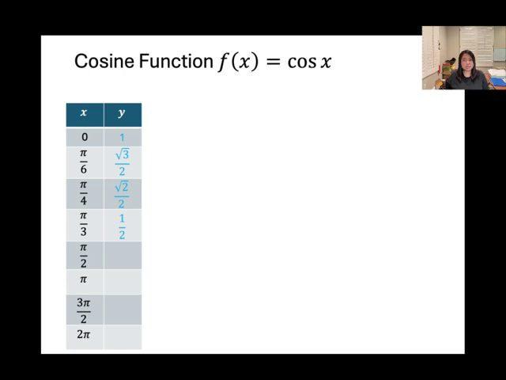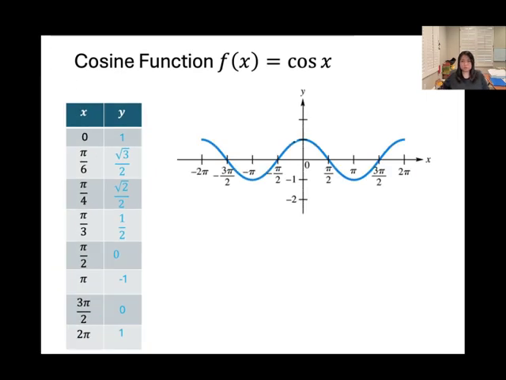Cosine 90 degrees. Okay, so based on these coordinates, I want you guys to try to sketch the cosine curve. Okay, you should have this picture.